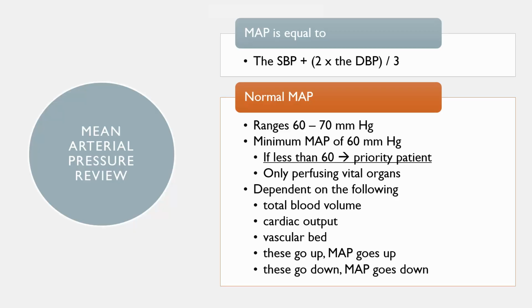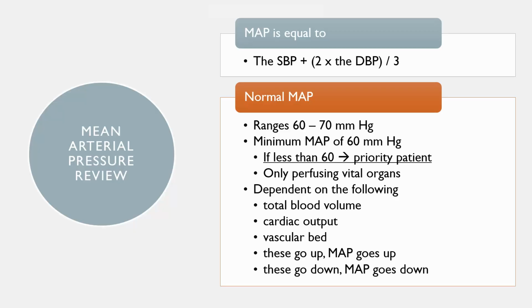A normal MAP, your book says 60 to 70. I strongly encourage it to be above 70 because once you get down to 65, we really start to worry about the organs being perfused. So if less than 60, that is going to be your priority patient. That means that they're not perfusing those vital organs. And your MAP, your mean arterial pressure, is dependent on total blood volume, cardiac output, and our vessels.